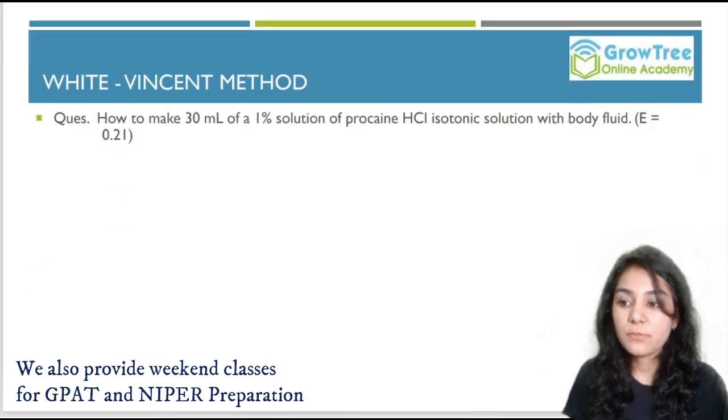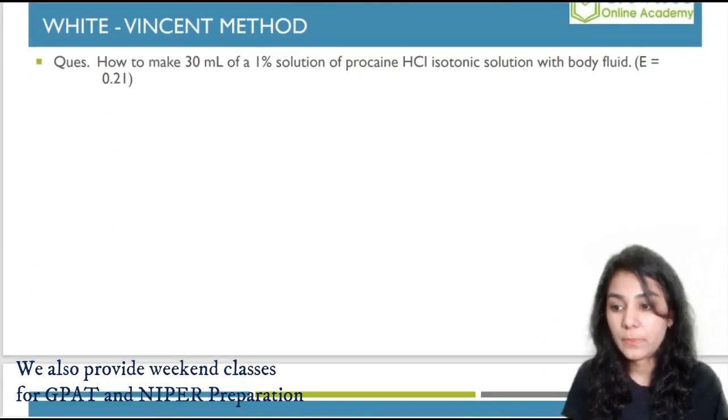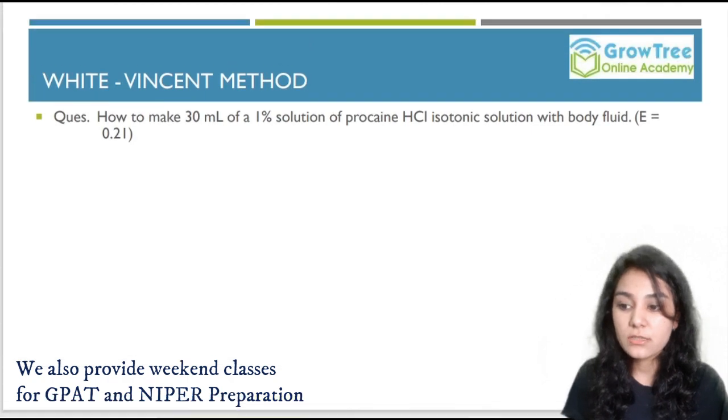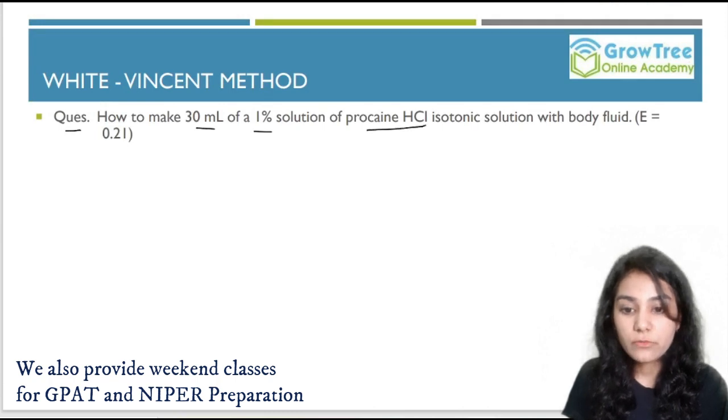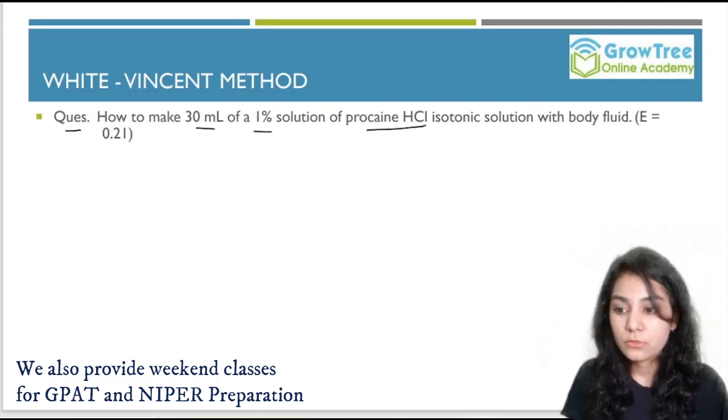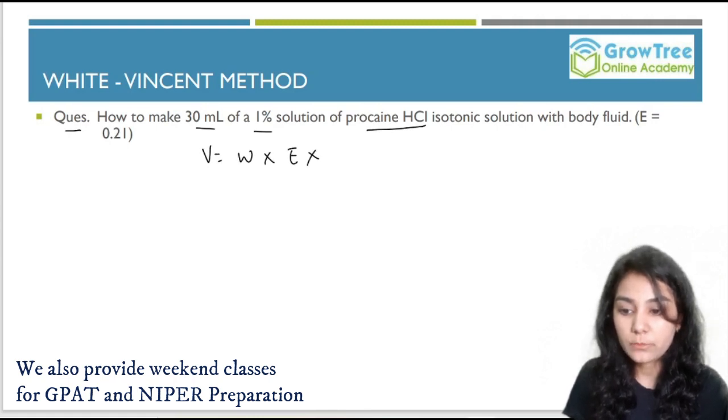Let's understand this method with a simple example. Here's a question which says: how to make 30 ml of a 1% solution of procaine HCl isotonic with body fluids. We had the formula V equals W into E into 111.1.